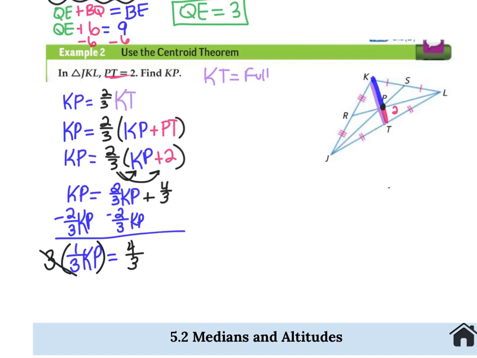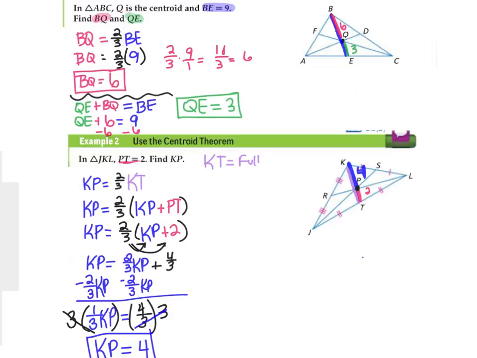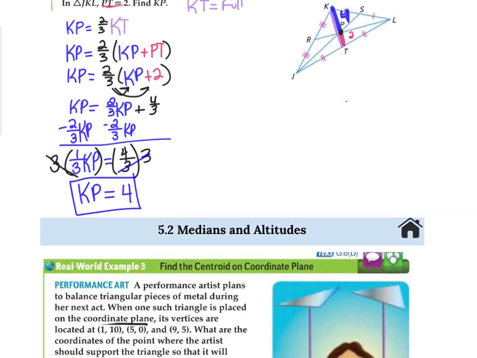The 3's cancel out. And then that leaves me with KP equaling a total of, again, our reciprocal cancels out our denominator, 4. So KP equals 4. All right, so now we're going to continue on.